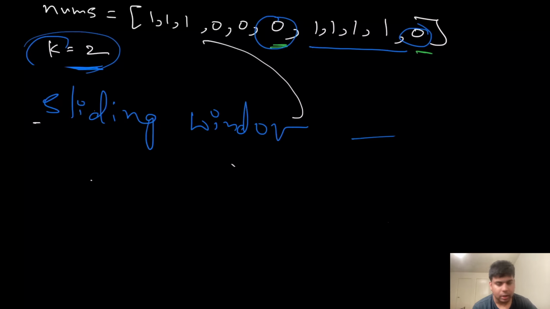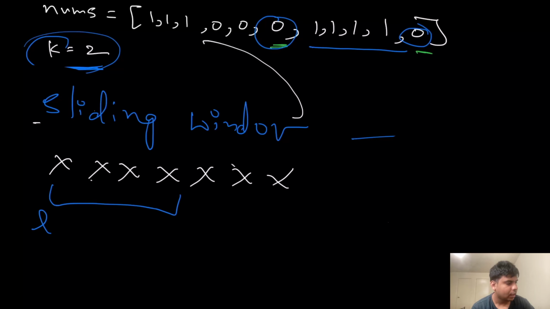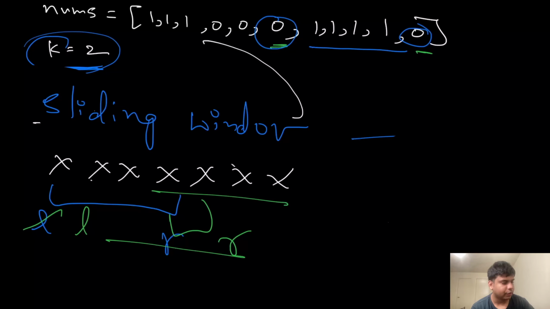If you've seen my previous video, you would have understood what the sliding window technique is. It's basically like if you have an array where x can be anything, like a character or a number, we'll consider a window, and we'll keep extending the window and sliding the window.